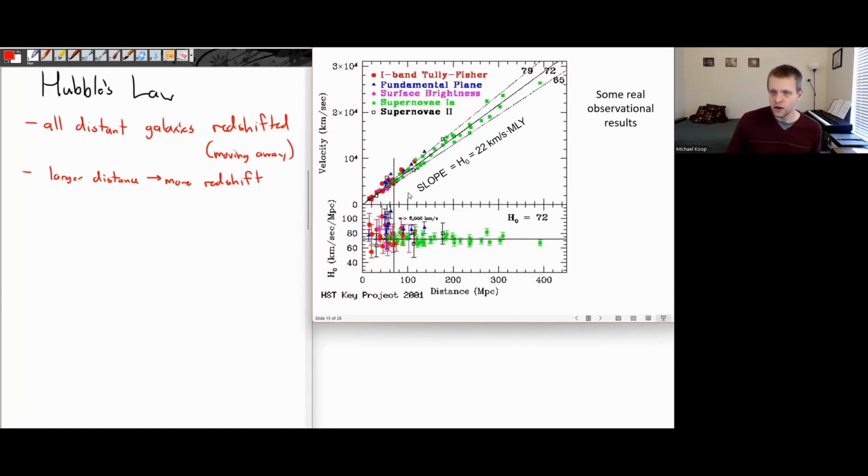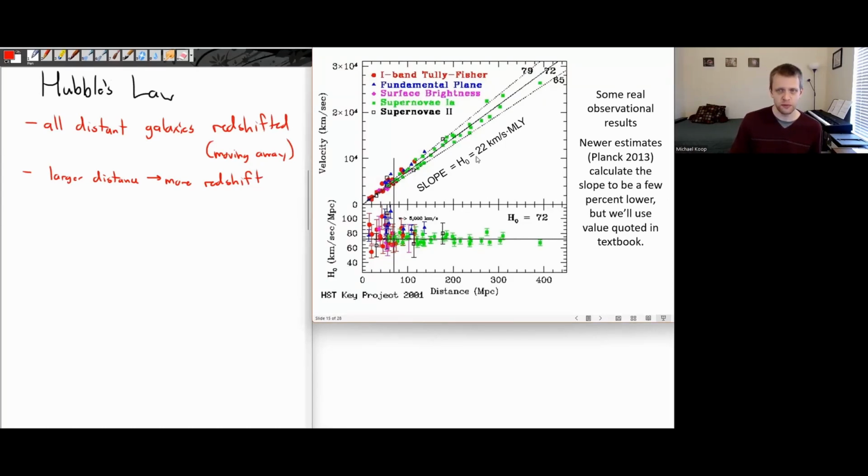So again, this is our data, and basically this little part of the graph down here is how far off from that ideal line this data is. This is measuring approximately something called the Hubble constant, which we're going to talk about in a minute. The slope of this line, there are actually newer estimates that calculate this slope to be a little bit smaller than what we have here, but we're just going to use this as our baseline since this is the value that's quoted in the textbook.